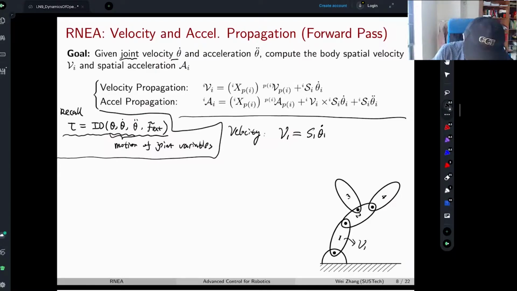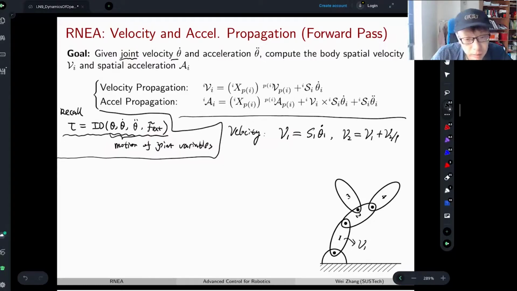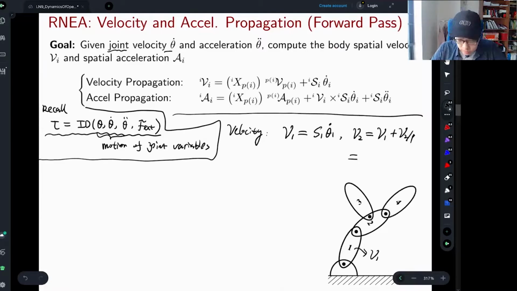Then if we continue coordinate free, v2 would be v1 plus v2 relative to v1. The motion of v1 is the background, and v2 relative to v1 also has a relative speed, and we did this in the Jacobian case. Let's use screw axes. Maybe I ask Fuzhen now, I think last time he was confused by this part. What is it, Fuzhen?